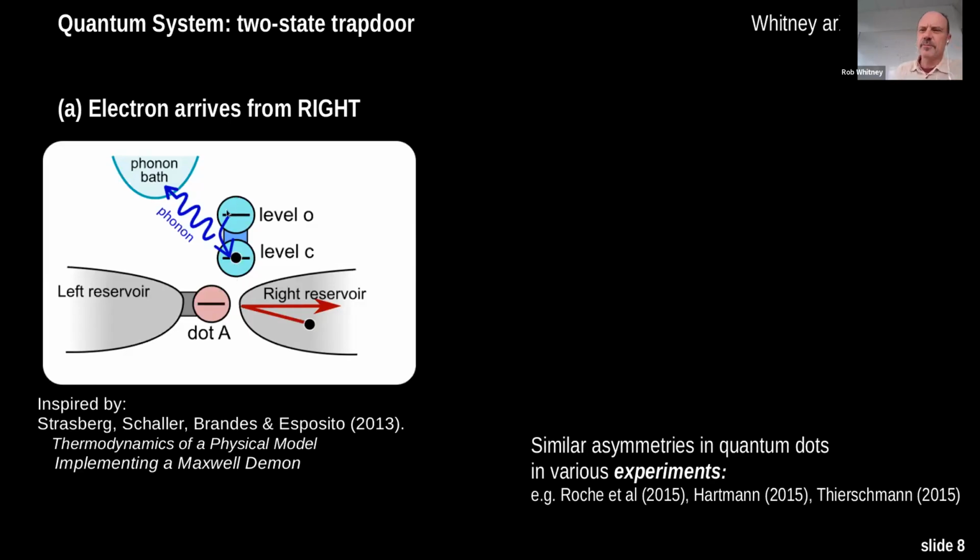The reason this can be implemented in an experiment is that electrons in quantum dots, which is what I'm thinking of, repel each other. So if this low energy state in this quantum dot is close to this point where you tunnel from dot A into the right reservoir, if it's close enough, it will actually repel the electron and stop it tunneling.